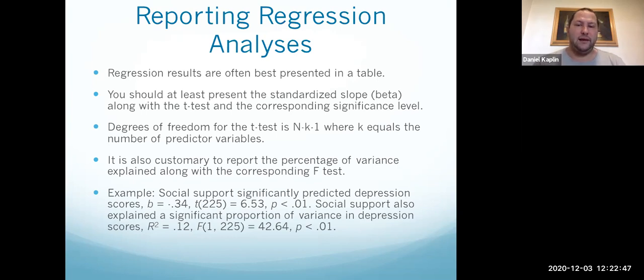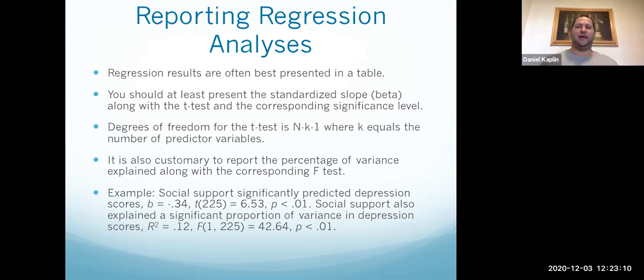So we calculate n minus k minus 1, where k equals the number of predictors. So k might refer to number of groups, but in this context, k is number of predictors. And it's customary to also report the percentage of variance explained by the corresponding F-test.